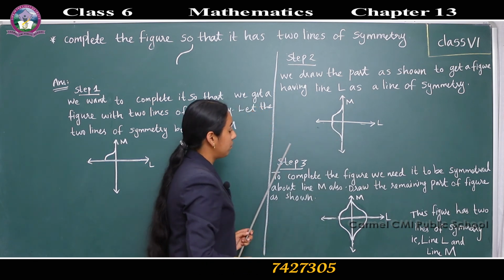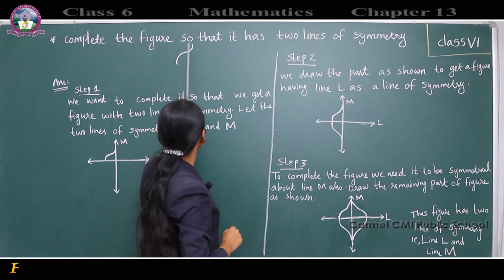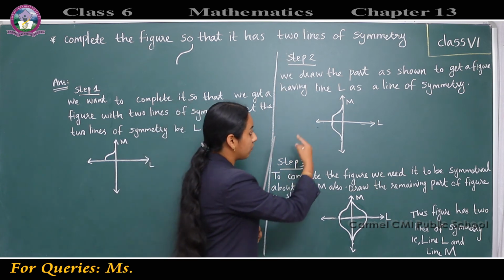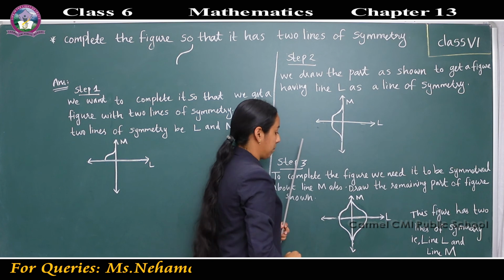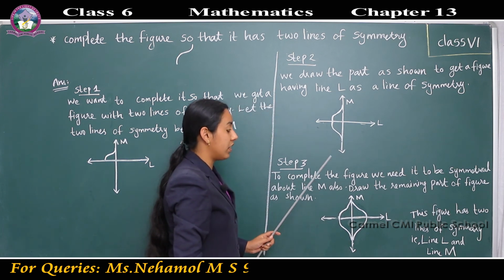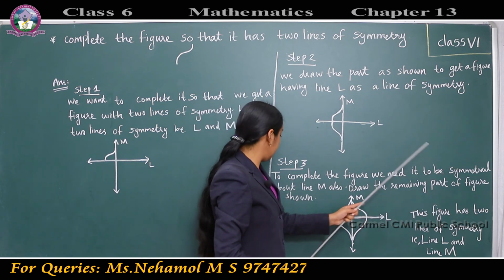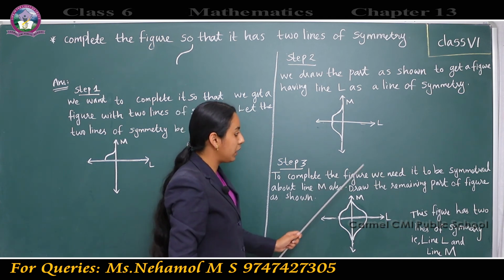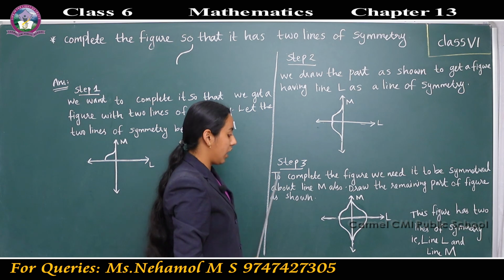Now next step, what is the question? Complete the figure so that it has two lines of symmetry. So we consider one more line of symmetry, M. To complete the figure, we need it to be symmetrical about the line M also. Draw the remaining part of the figure as shown.